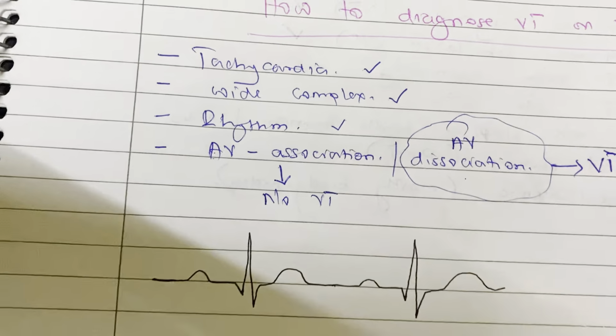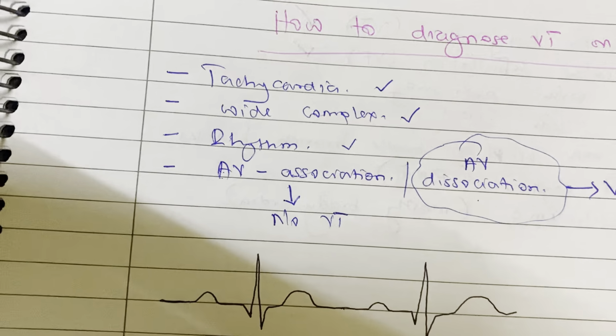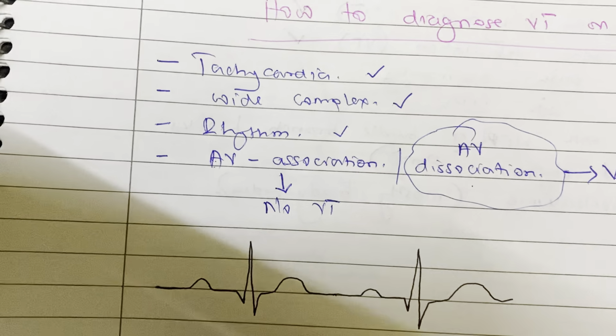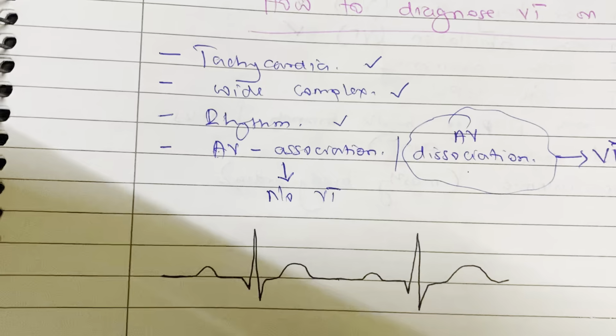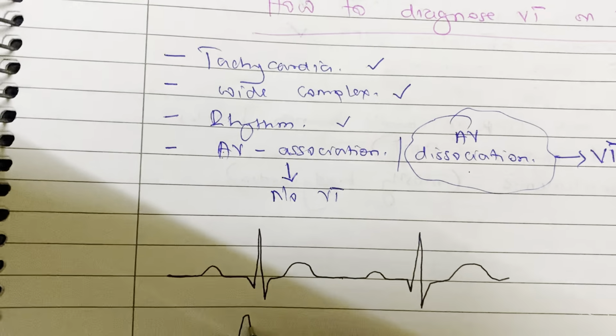That is the normal one. Now, for VT, to lose most of the things, maybe P waves are there.